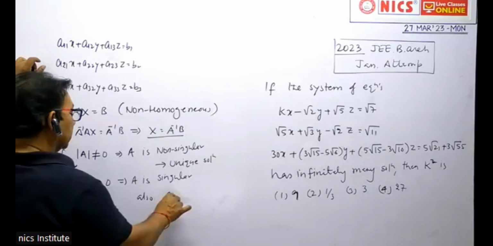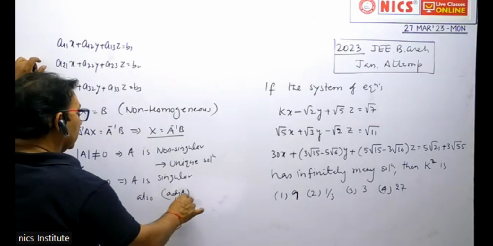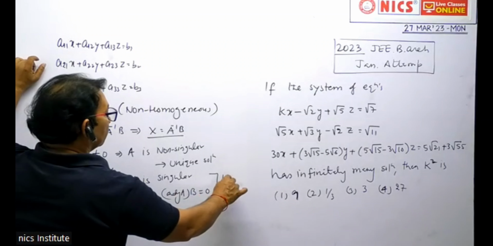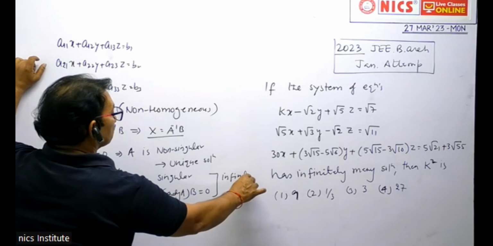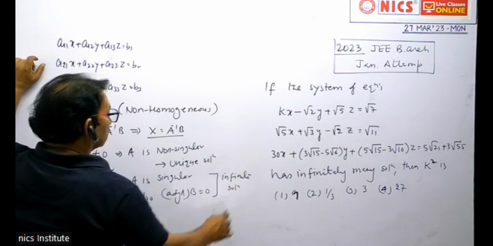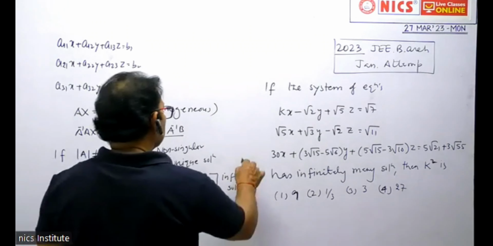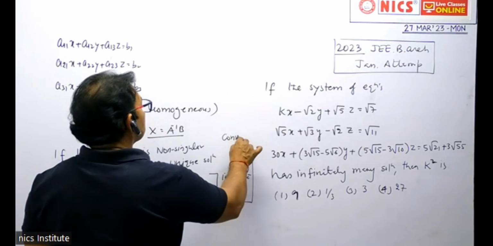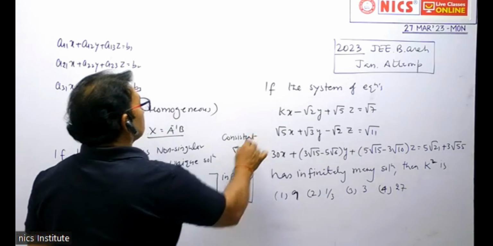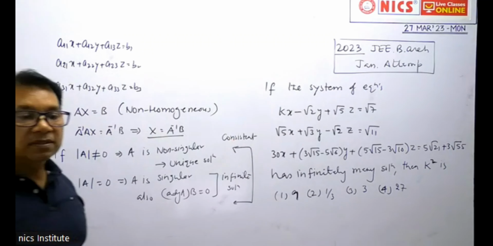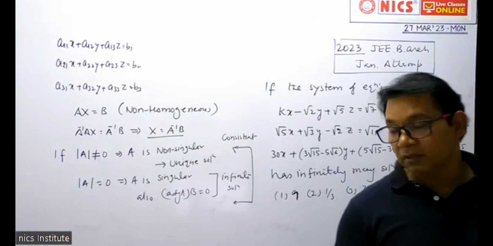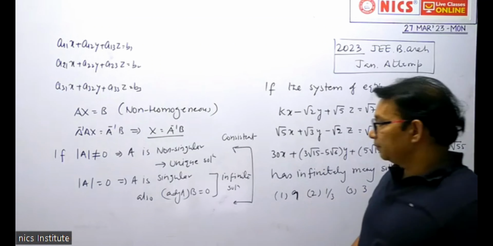Also, when adjoint of A into B is 0, we say it has infinite solutions. And whenever it has a unique solution or infinite solutions, we say that the system is consistent. The system is said to be consistent whenever you have a solution, whether it's infinite or unique.